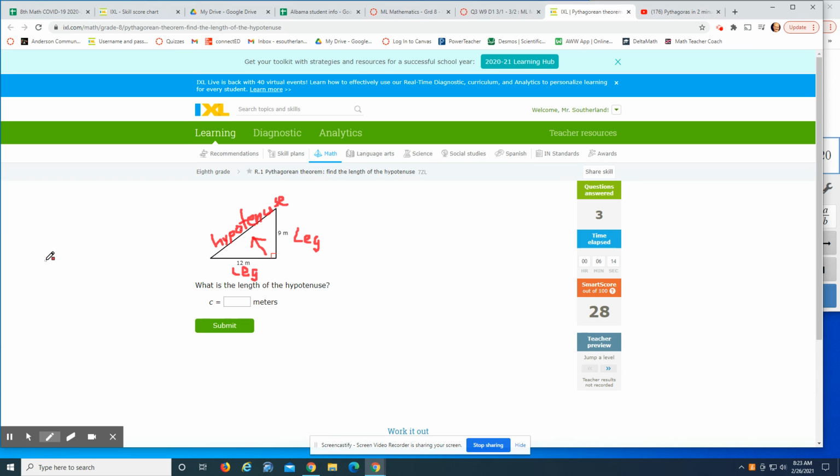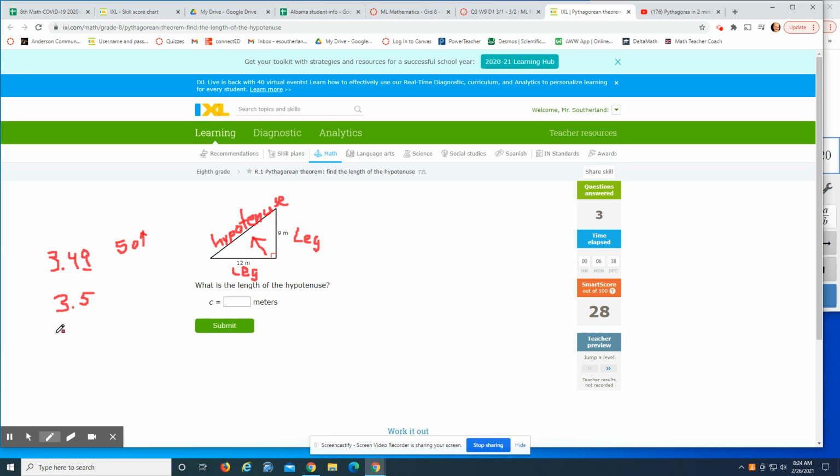Sometimes it'll say round to the nearest tenth. Just so we know what that looks like, if it says 3.49, we look at this number here. If it's 5 or above, we round up. So this would become 3.5.